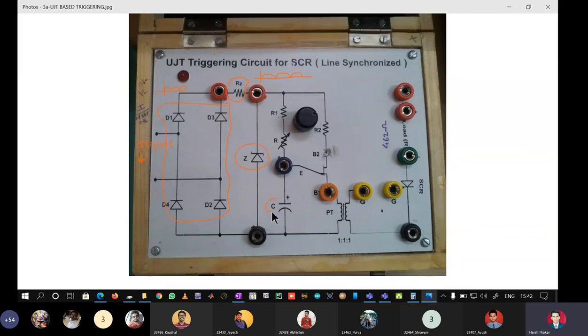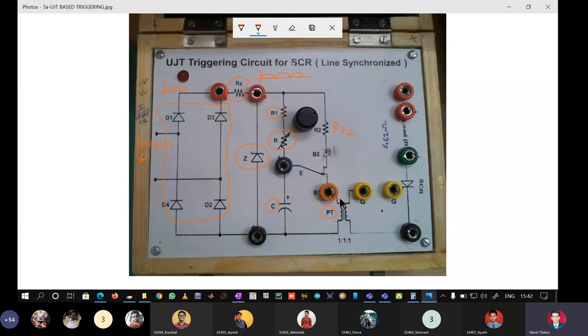The capacitor C, the fixed resistor R1, the variable resistor R2. We can actually change the firing angle by making this resistor variable. This is our RB2 as in our circuit. This is our RB1. Instead of a passive resistor for RB1, they have put a pulse transformer here.